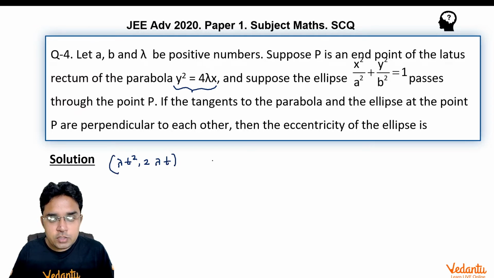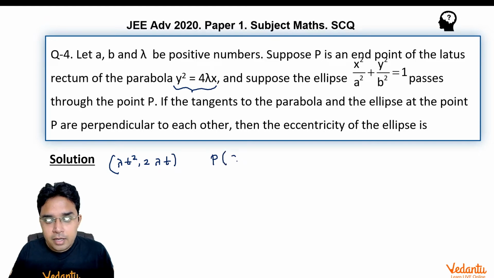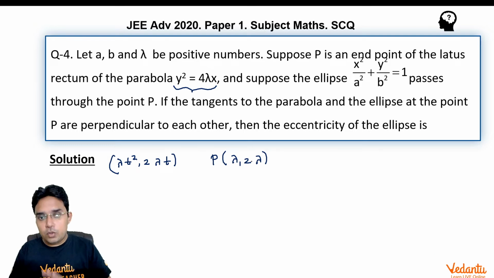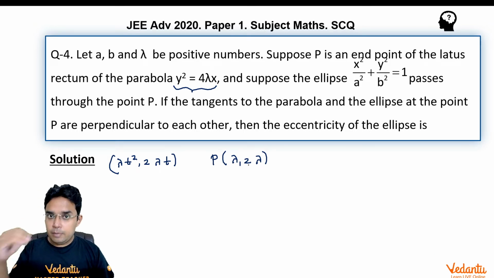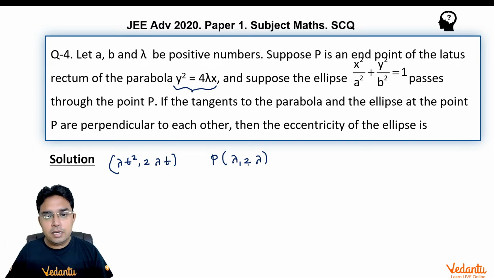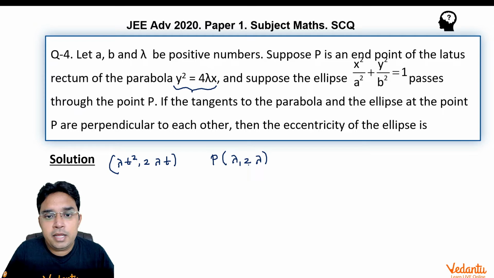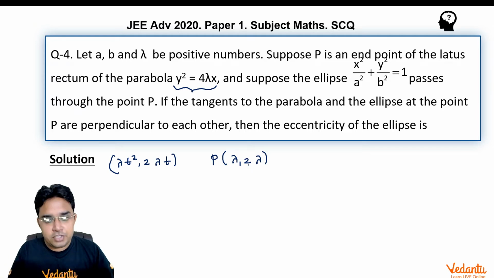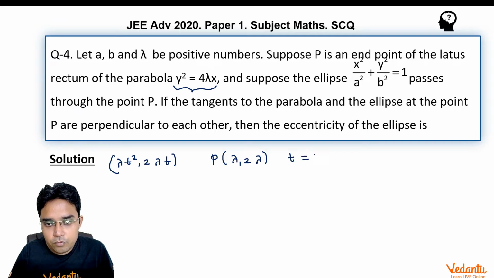And this P point, which is the end of latus rectum, will be lambda comma 2 lambda. There it used to be a comma 2a. We can take any one of the ends, above or below the x-axis, because the curve is symmetric about the x-axis, so it will not make any difference. The angle will remain the same. For this P point, the value of t will be equal to 1.